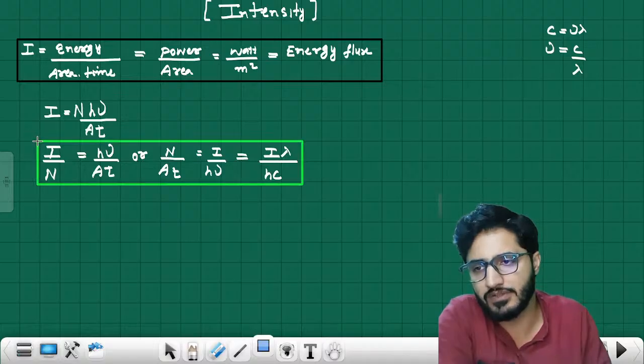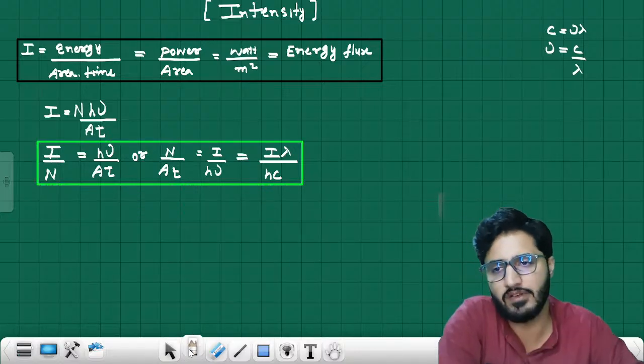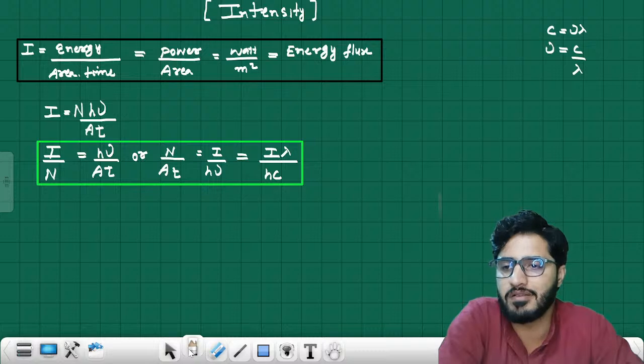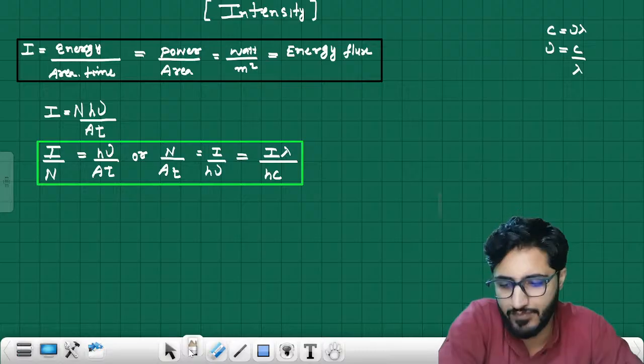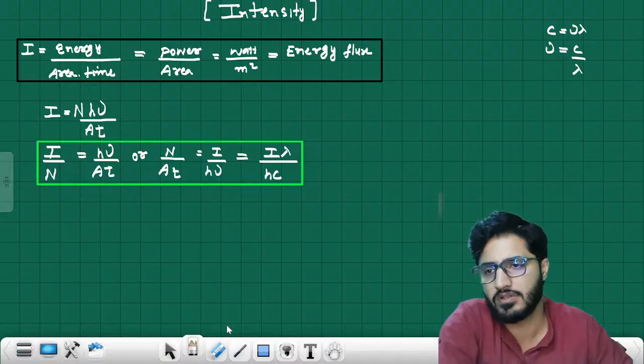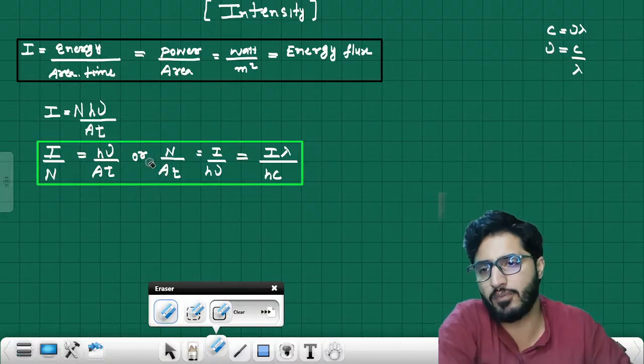This much, right? So intensity means n divided by A t equals I by h nu, that is I lambda divided by hc. These are some formulas. The most appropriate would be this much.